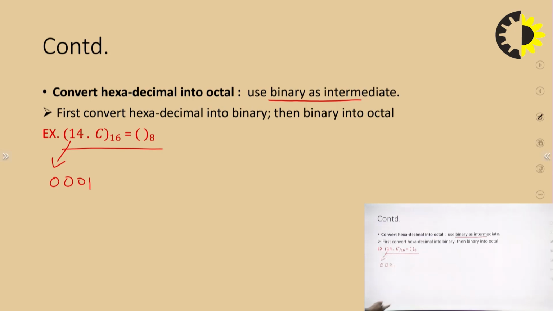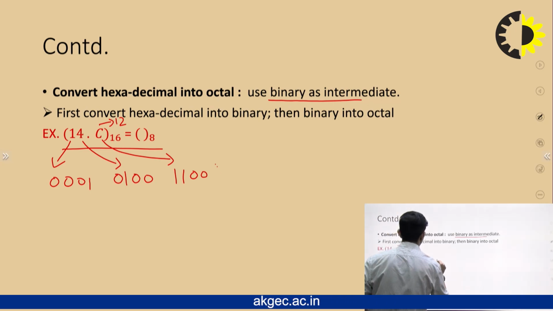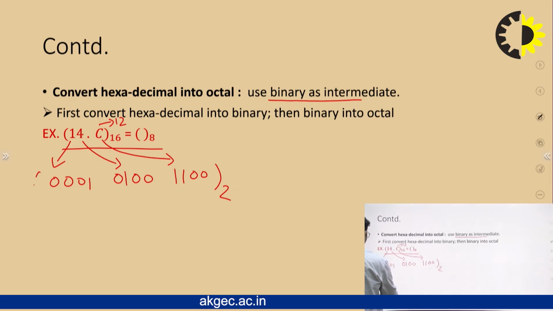Since this is a hexadecimal number, we have to take the pair of 4 bits. 4 is represented by 0100. C is 12 in hexadecimal, so we can represent it as 1100. So altogether this will represent our binary number.